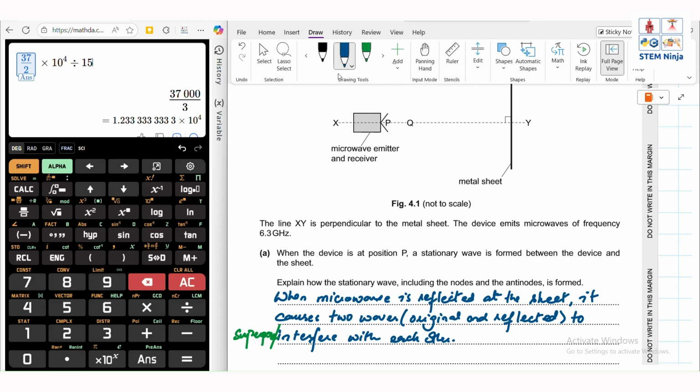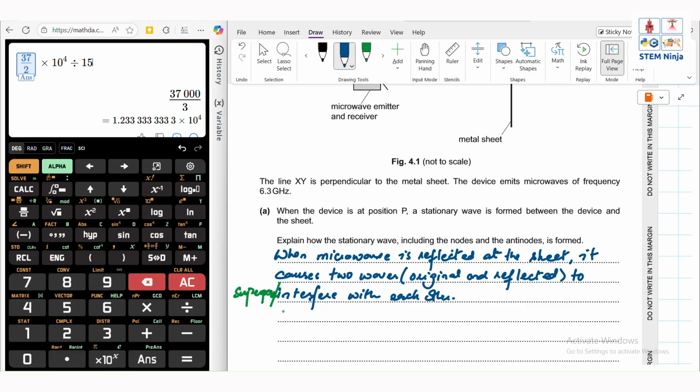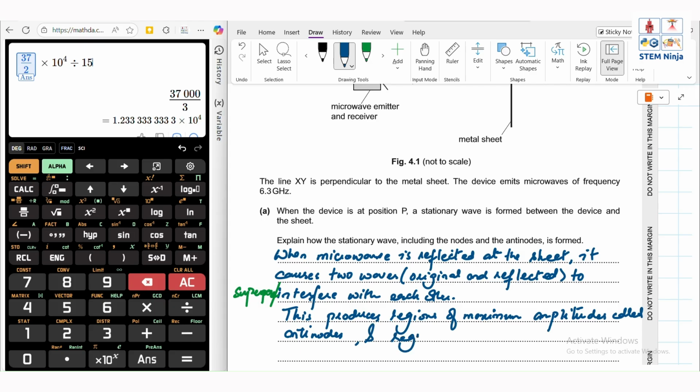Superpose or interfere with each other. This produces regions of maximum amplitude called antinodes and regions of minimum amplitude called nodes.